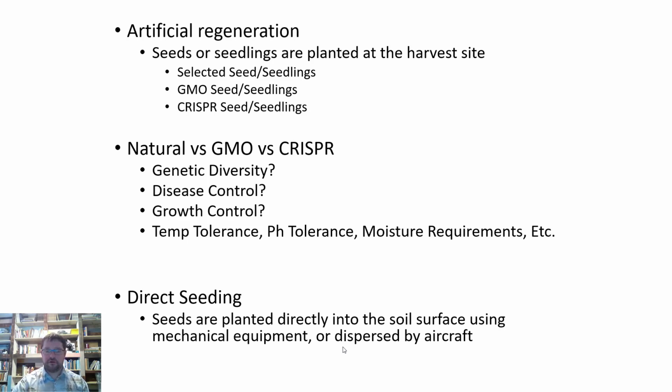Direct seeding, or how you seed, is important. Okay? But the type of seed is far more important, in my opinion. So let's look at some examples. Natural, I think everybody is pretty familiar with what natural means.